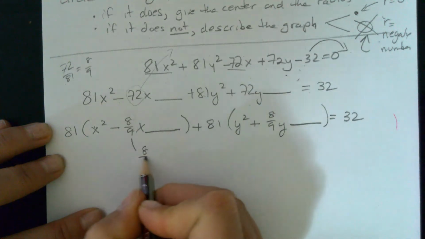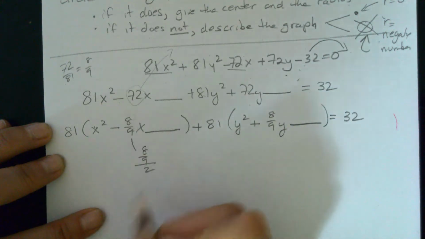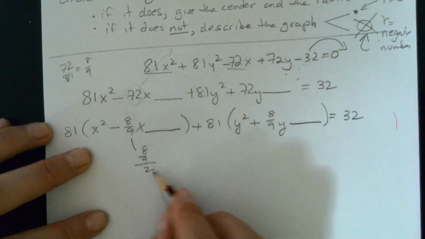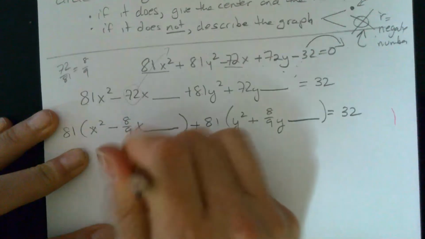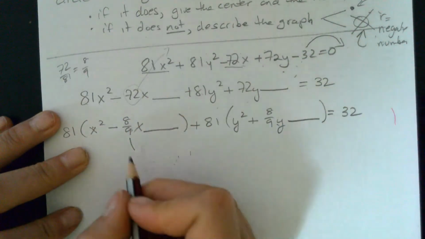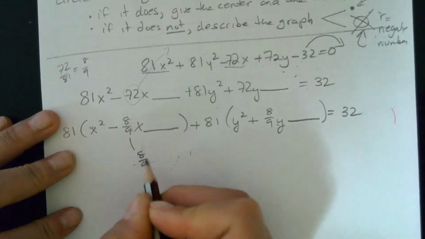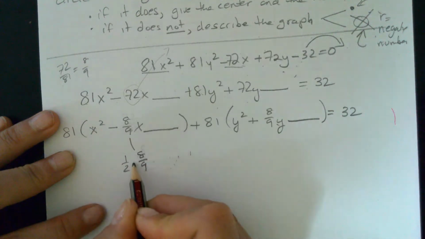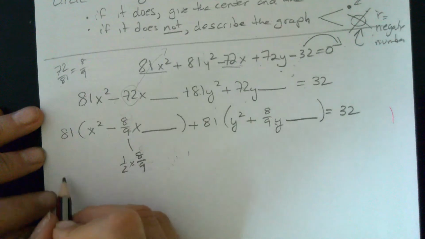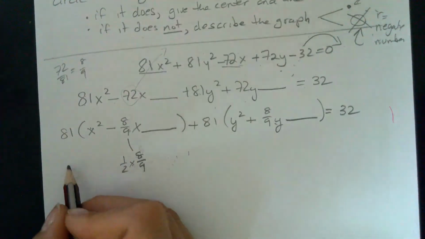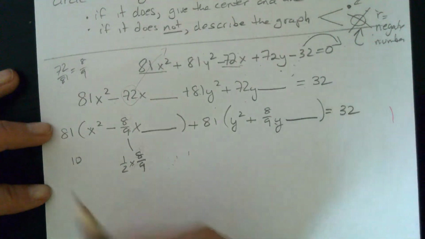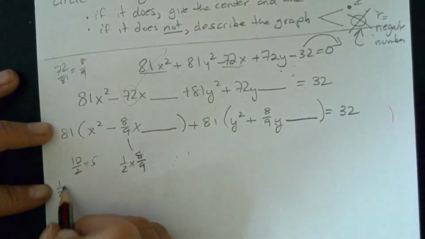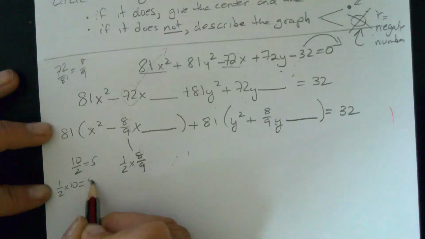So I'd go 8 over 9 divided by 2. That looks weird. It means take half of 8 over 9. So another way to write it to make sense is to say I want to take half of 8 over 9. Say it was a nice number, say it was 10. I can go 10 divided by 2 equals 5. Or I can go, what's half of 10 equals 5.